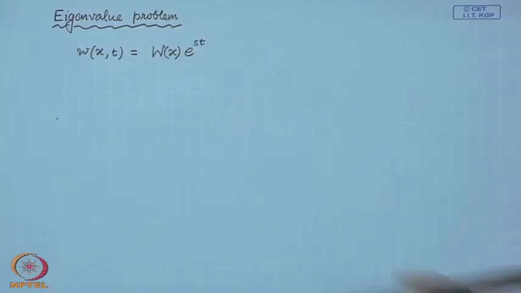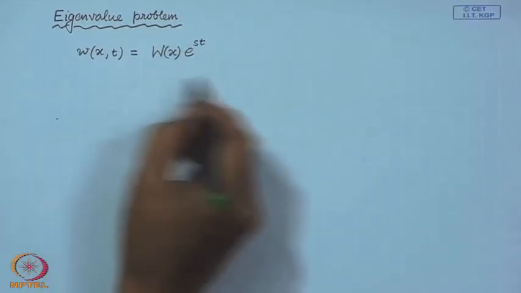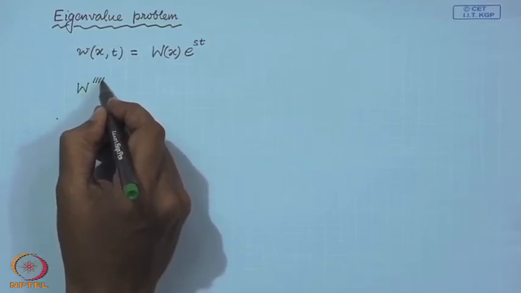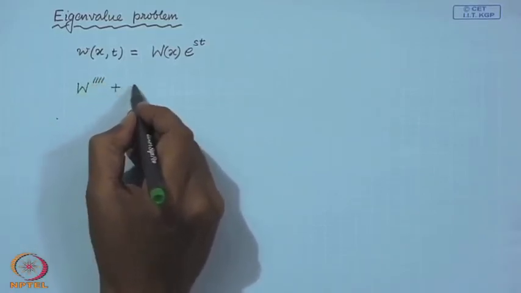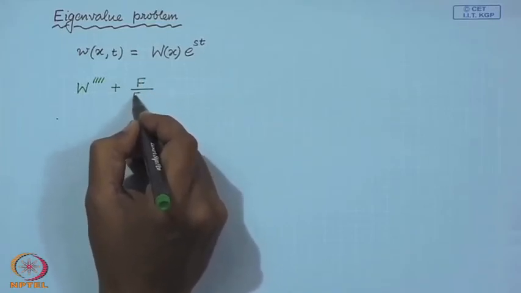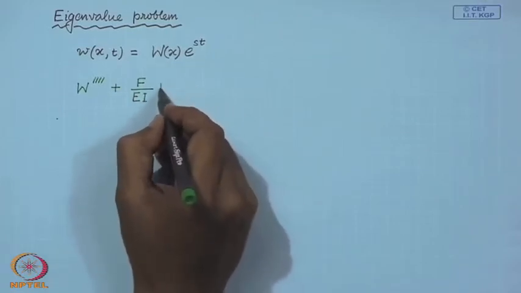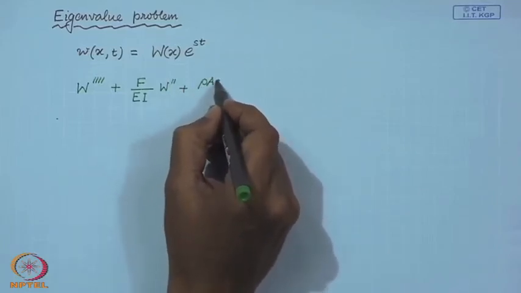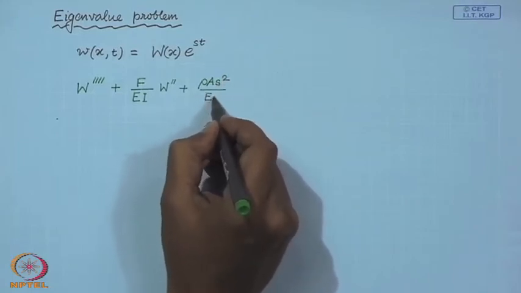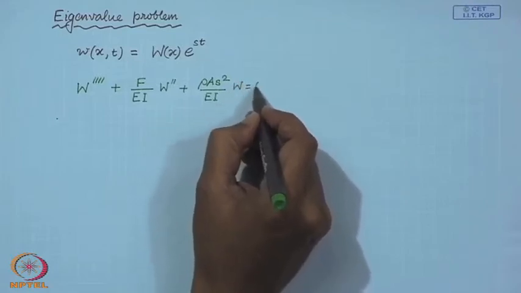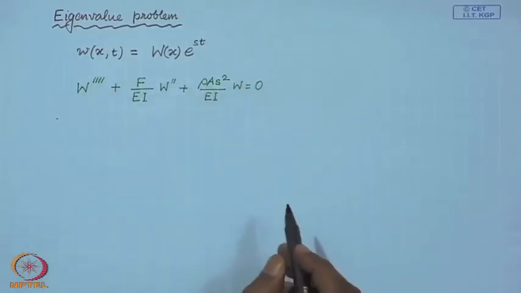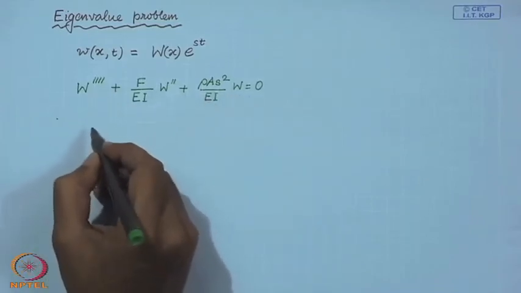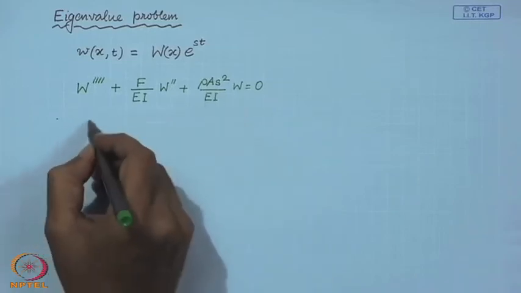Now, when we substitute this in the equation of motion and do the simplifications, so that is the differential equation for the eigenvalue problem, and along with this we have the boundary conditions.